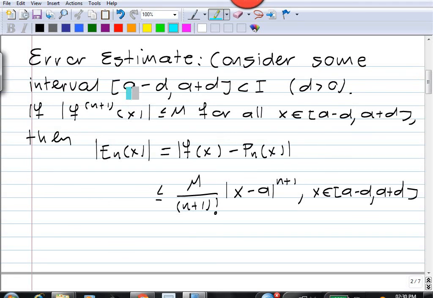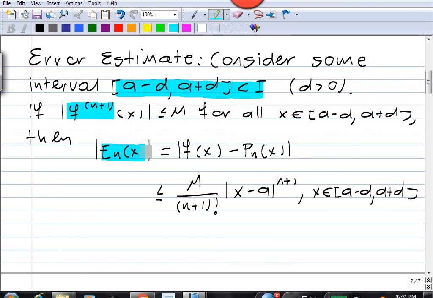So if you take some interval, say a minus d, a plus d, contained in the interval I where your function f is differentiable, and if you assume that your function has n plus 1 derivatives, and the derivative f^(n+1) is continuous on this interval from a minus d to a plus d, then we can get a bound for the error term En.